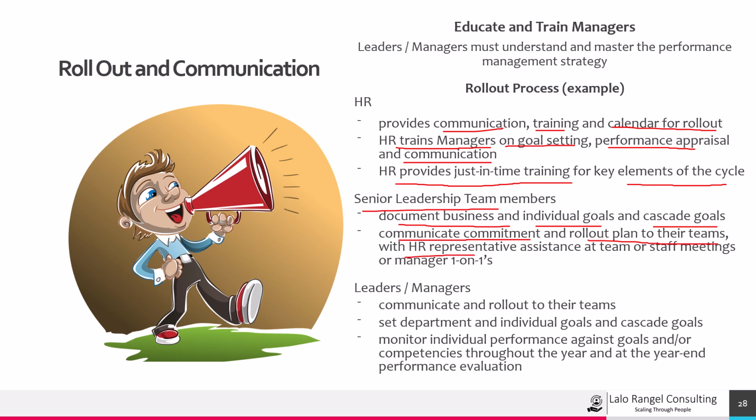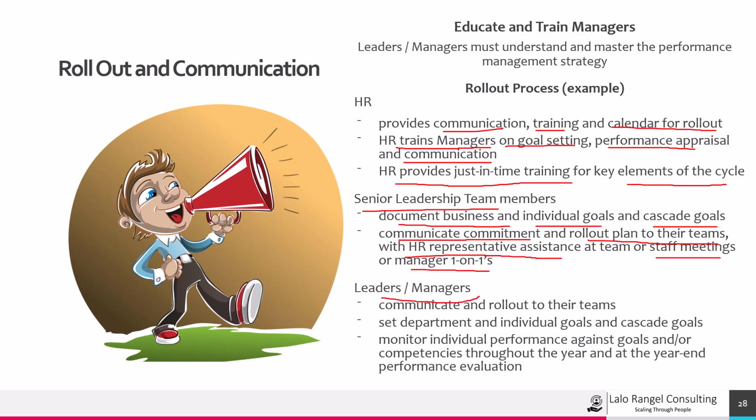And they can always have the corresponding HR business partner assisting them in this communication and rollout activity. It could be during staff meetings or managers' one-on-ones, to communicate this commitment to implement or enhance the performance management process.